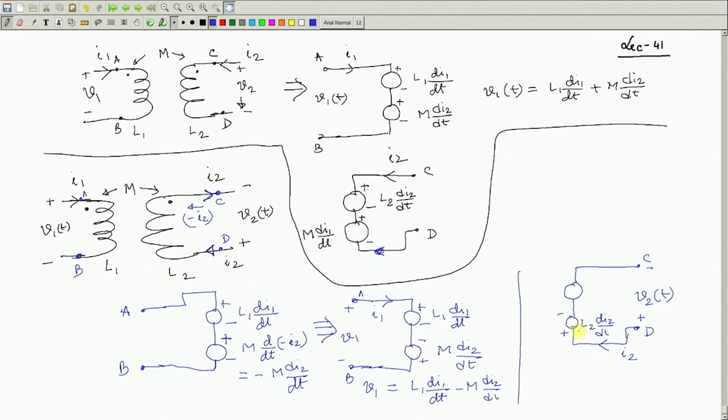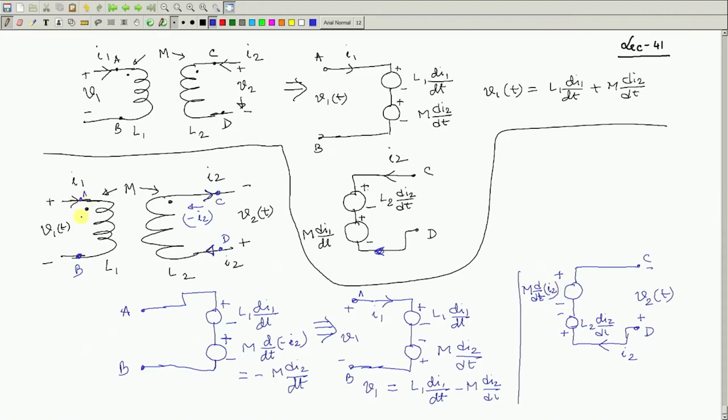Therefore, it will be L2 dI2 dt, and then because of mutual inductance, for the polarity of this voltage, through the dot I2 is entering. Therefore, the dot here will become plus. So, I write plus minus, and then you write here M d dt of I2.